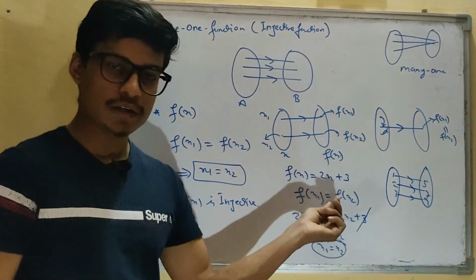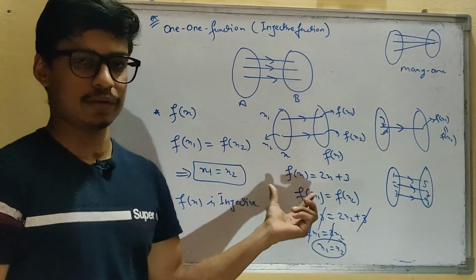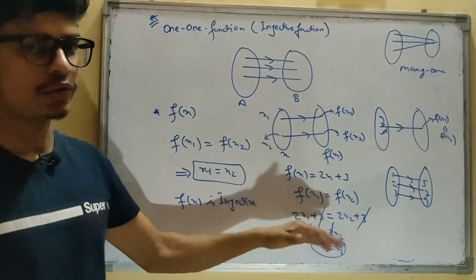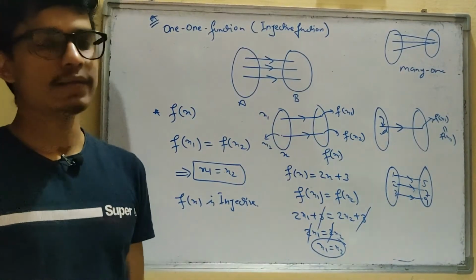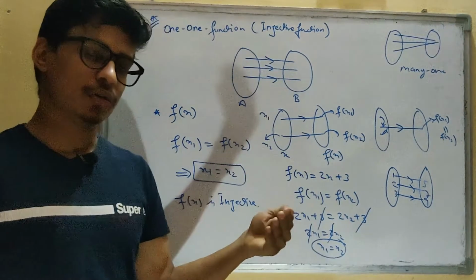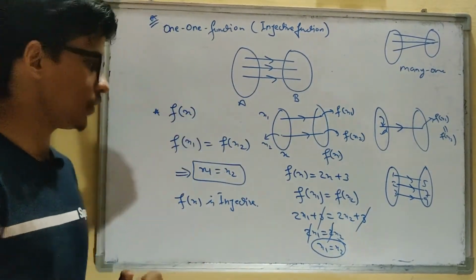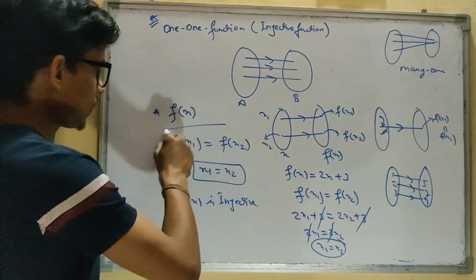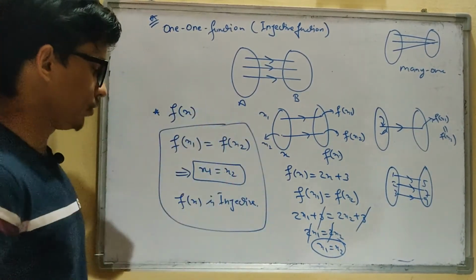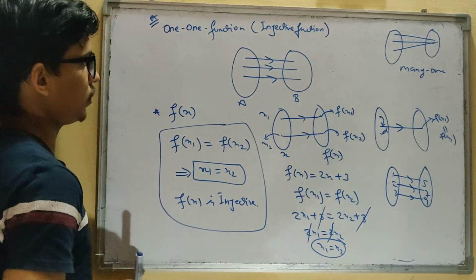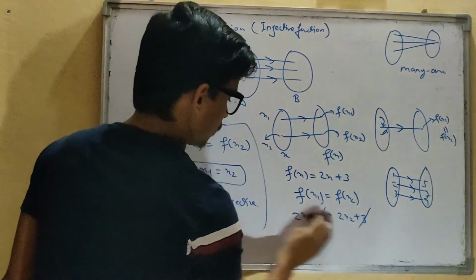For each value of x, there is a unique value of f(x), so that is why it is one-one. I will tell you the importance of a one-one function in order to calculate the inverse, but for now just understand this. This is how you check whether a function is one-one or not.